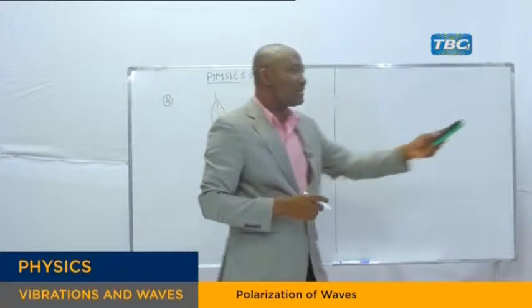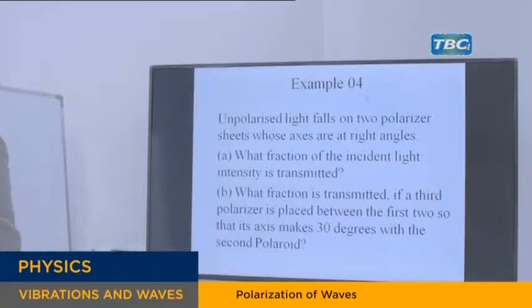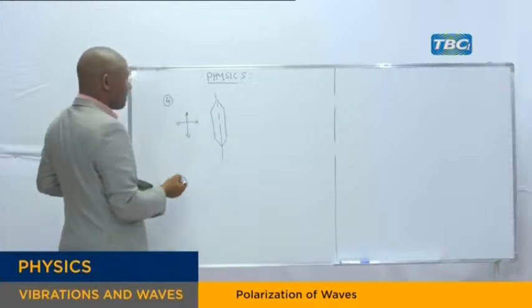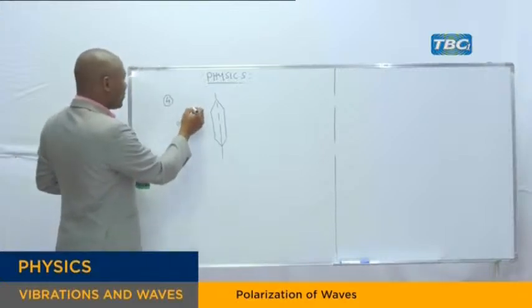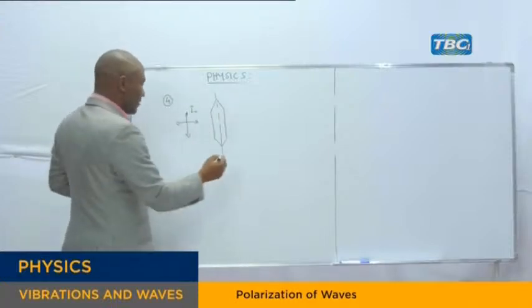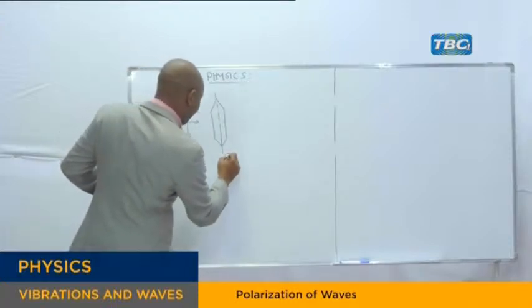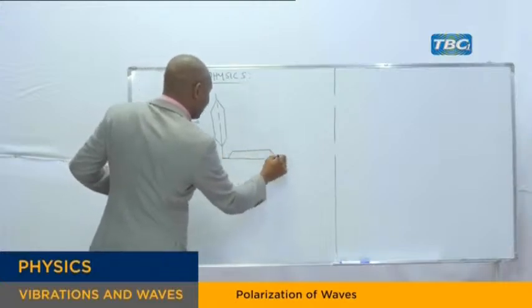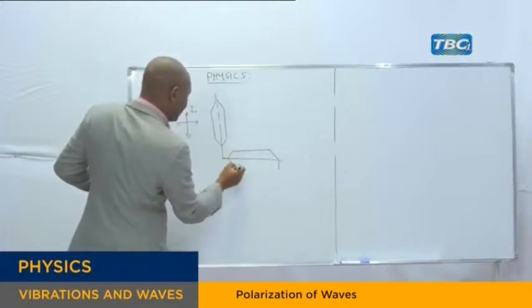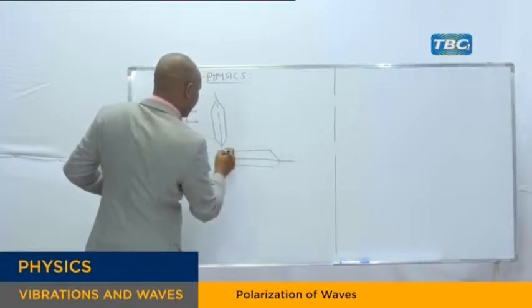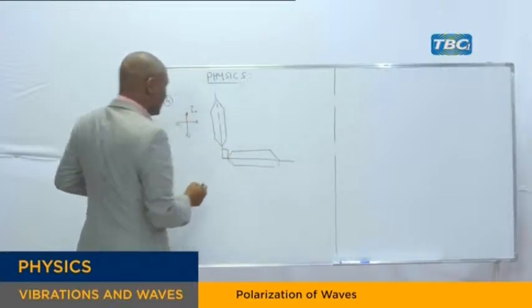Since it's unpolarized light falling on it, it should be in the form of vertical and horizontal vibration like that. And this is now, you may use I naught. The two axes are at right angle here. This is 90.